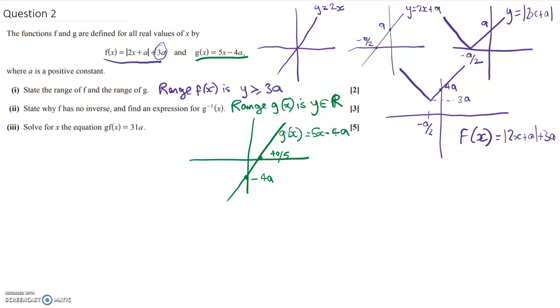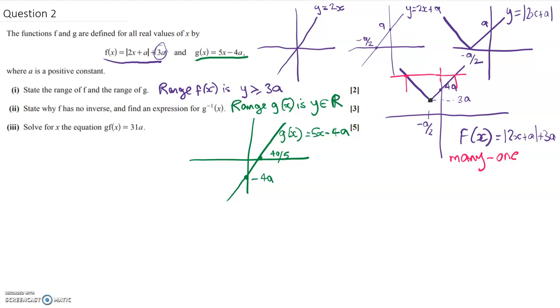Part 2I says, why does f have no inverse? Well, if you look at the graph of f(x), it doesn't have one x value mapping onto one y value. Only at this lowest point here, nowhere else. So for example, if I pick a y value up here above 4a, let's say here, and extend it, you can see that there are two possible x values with that one y value, and that is what we call a many-to-one function.